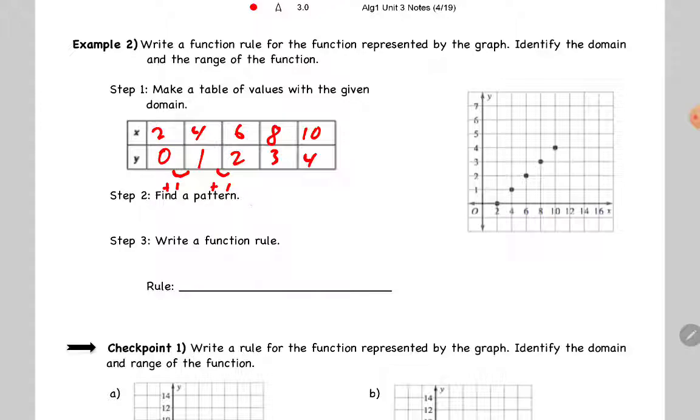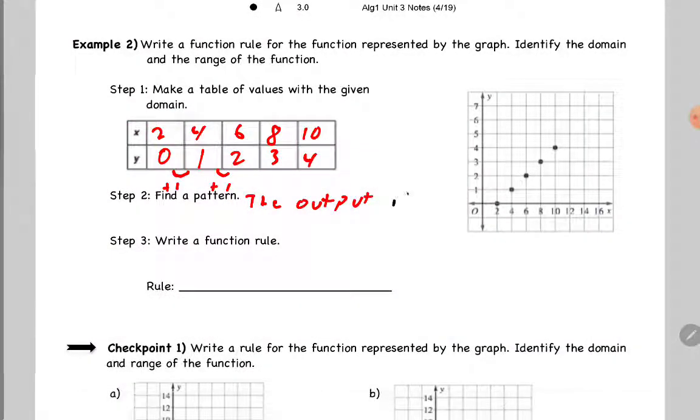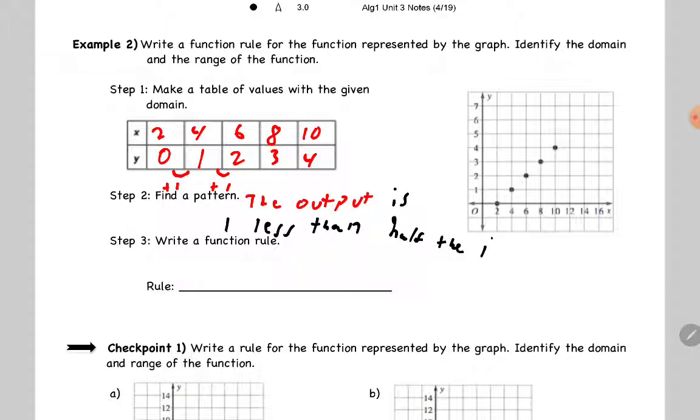But here's our pattern. What's going on is the output is 1 less than half the input. And what I'm saying is y equals 1/2 x minus 1.